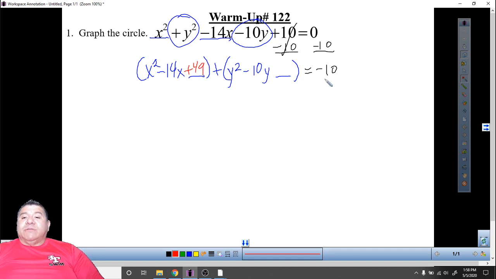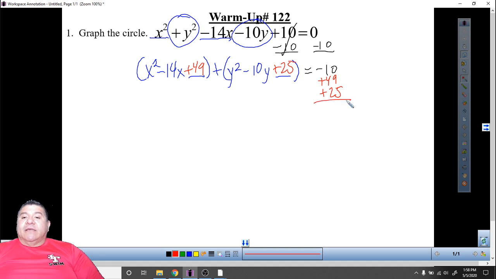And whatever I do to one side, I do to the other side. Here, what is negative 10 divided by 2? Negative 5. What is negative 5 squared? Positive 25. And once again, whatever I do to one side, I do to the other.